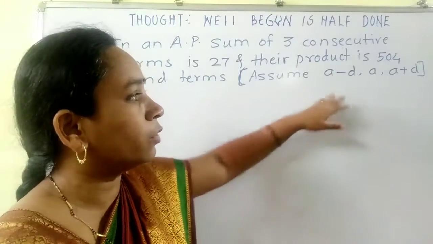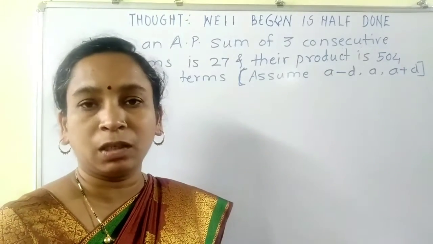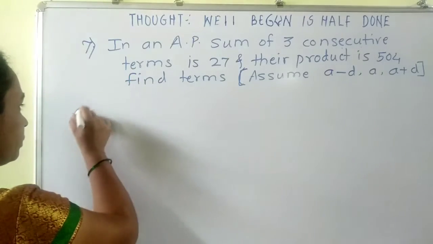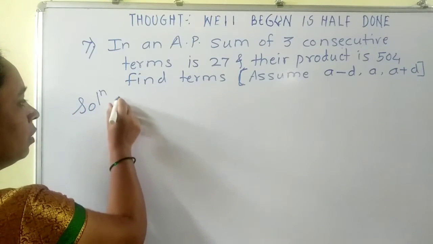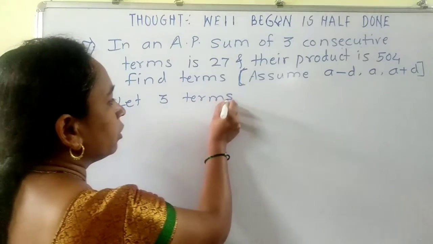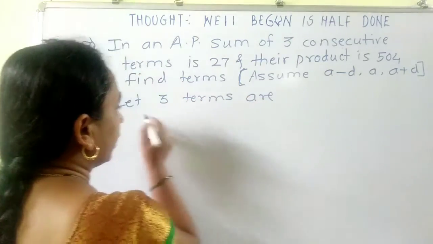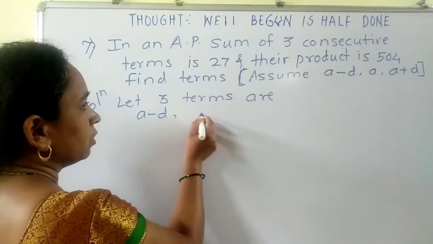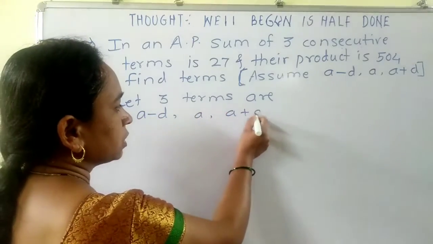If you put those values in these, you will get those 3 terms. So let's solve it. Solution. Let me consider the 3 terms as a minus d, a and a plus d.